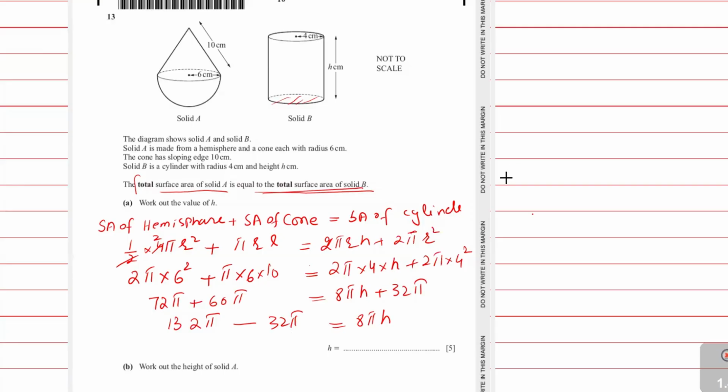This is 100 pi equal to 8 pi h. Pi would be cancelled, therefore 100 equals 8h, and h will be equal to 100 over 8. 4 times 2 is 8, 4 times 25 is 100, and h will be equal to 12.5 centimeters, which is the height of the cylinder.